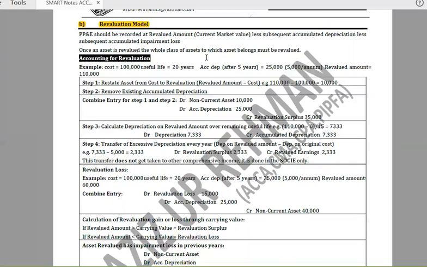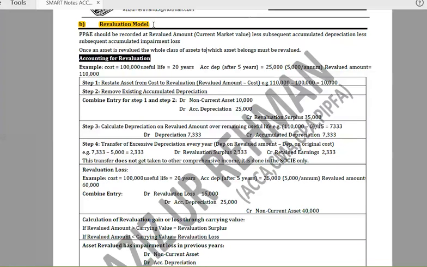So, as the name explains by itself, revaluation means we will recalculate the market value of an asset every year. So, we will record the asset at revised, recalculated value every year.